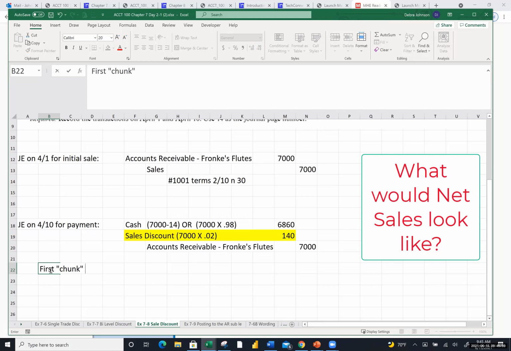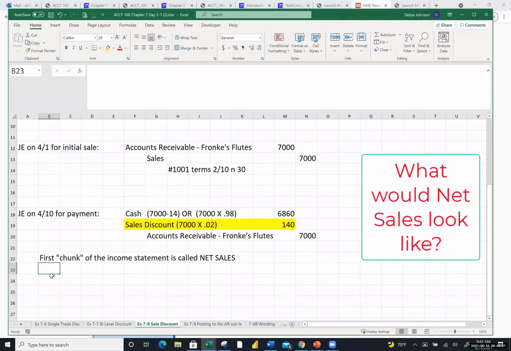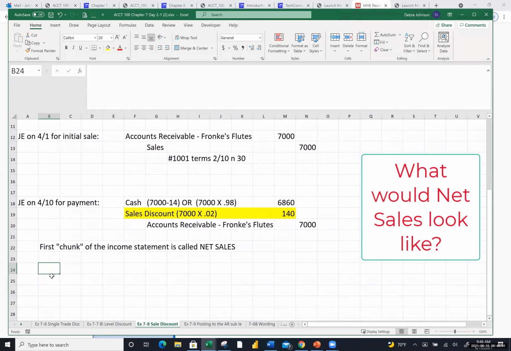The first chunk of the income statement is called net sales. So because I know this is on your test, if I were to say this is the only transaction, do an income statement. Well, the only revenue accounts we have on here are sales and the sales discounts.